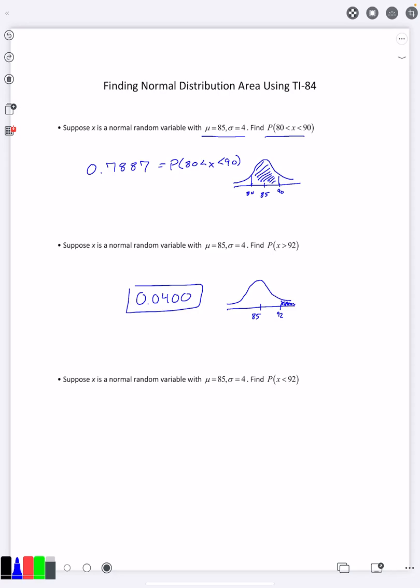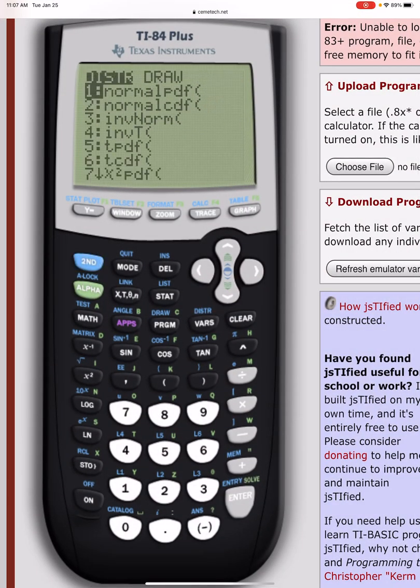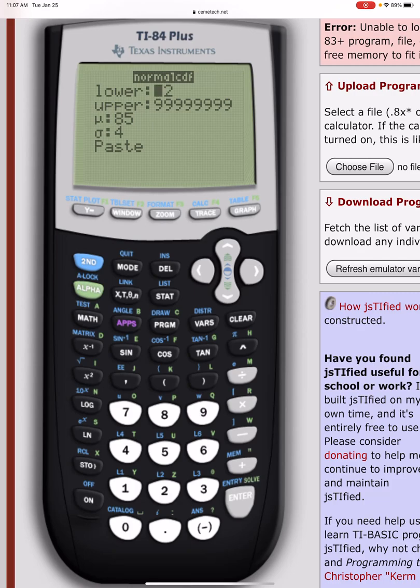On the other hand, on this one, I want the probability that starts at 92, but everything below it. I want everything below 92. So that means now 92 is the upper part of my area, and the lower part is all the way to the left. It's kind of infinity, but it would be negative infinity. And so when I go to put that in my calculator again, second vars, normal CDF, my lower now is going to be negative infinity, so hit the negative key.